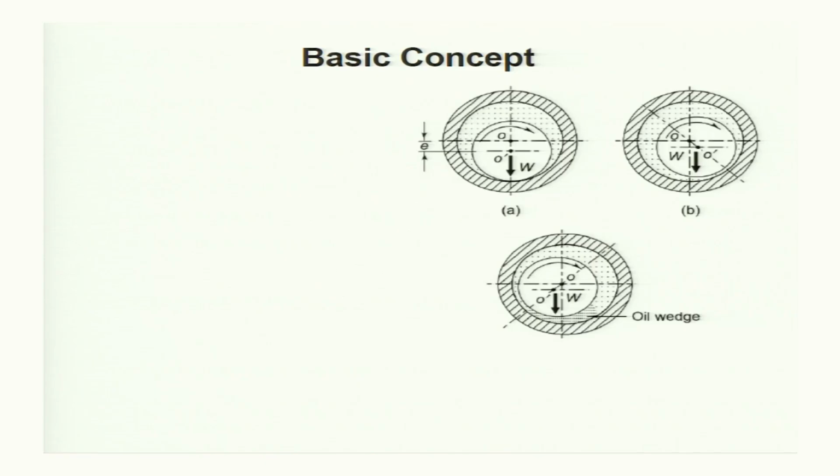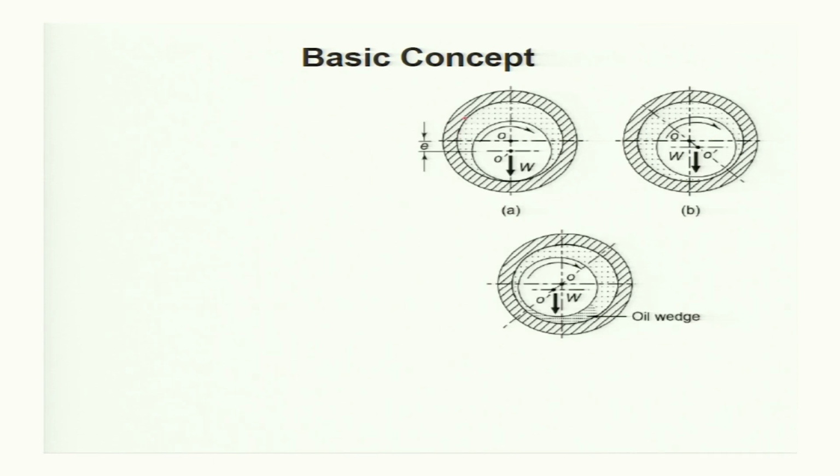So, the basic thing is that hydrodynamic pressure develops when a fluid is forced to move from a bigger cross sectional area to a smaller cross sectional area, or the flow is through wedge shaped plates. The same principle we are now going to show for the case of a hydrodynamic bearing.